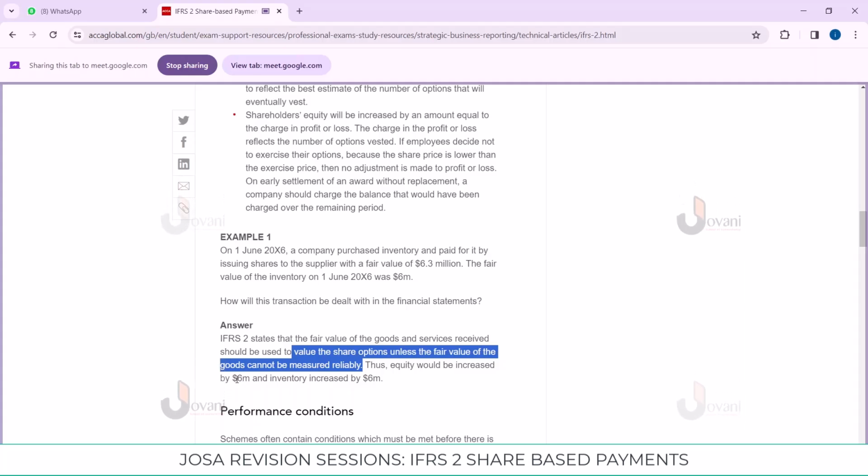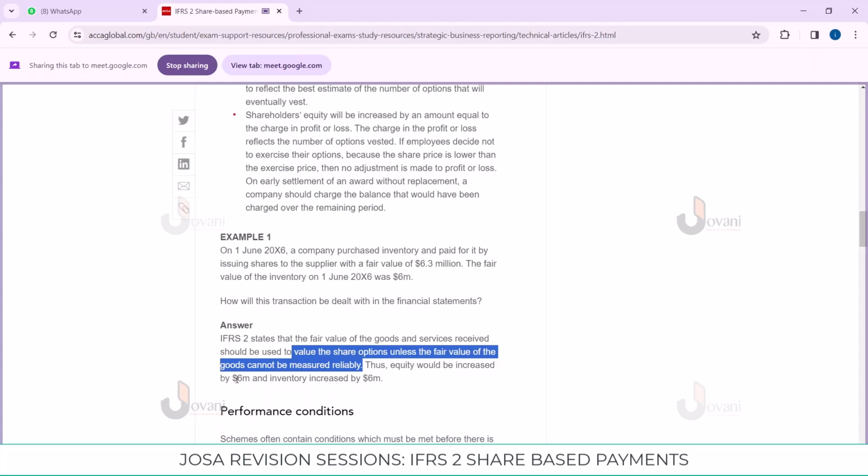We talked about performance. We talked about employees spending time. We all know that when these equity instruments are provided to employees, they are told that you should work with us for this number of years.